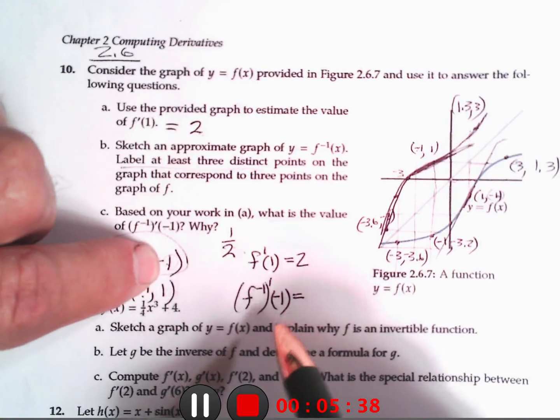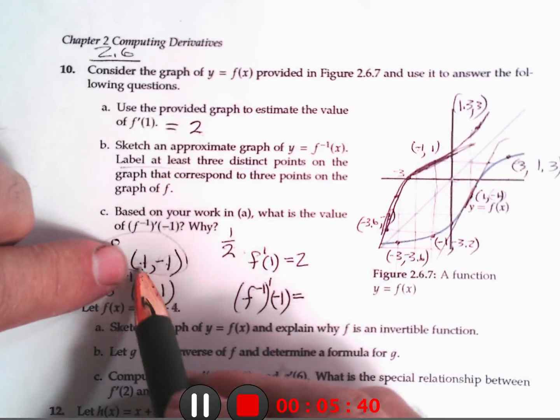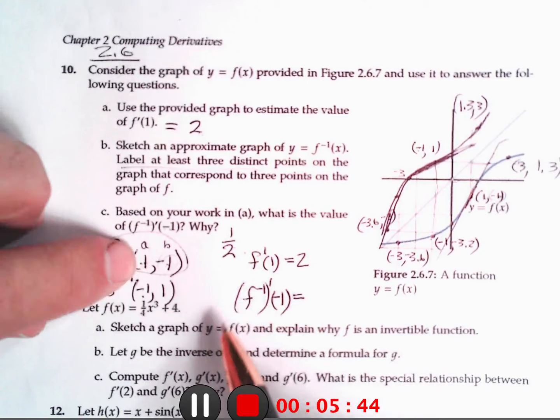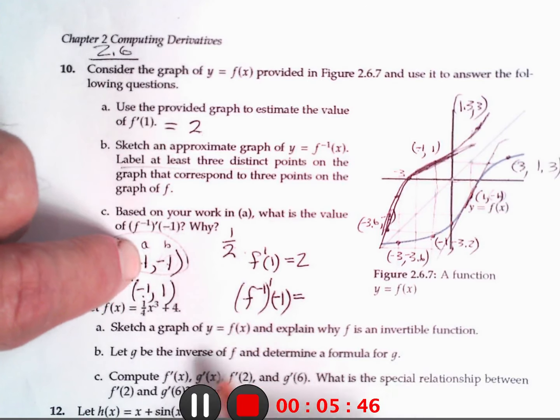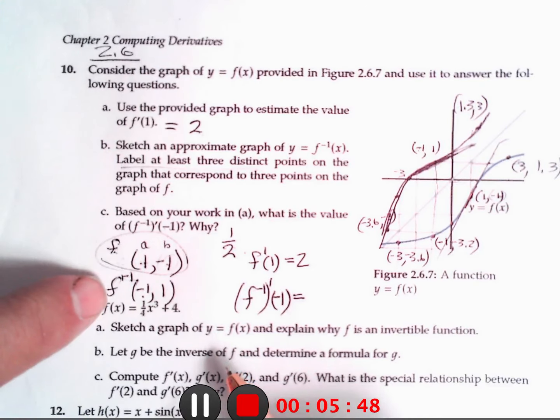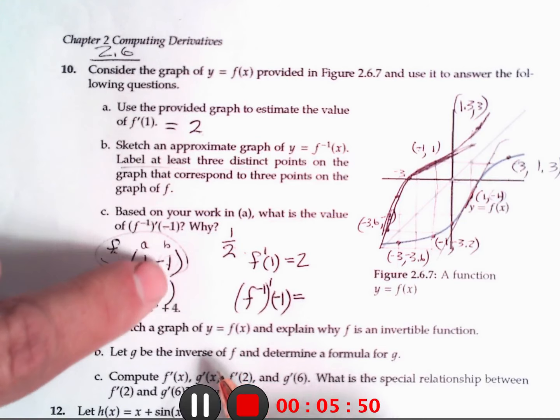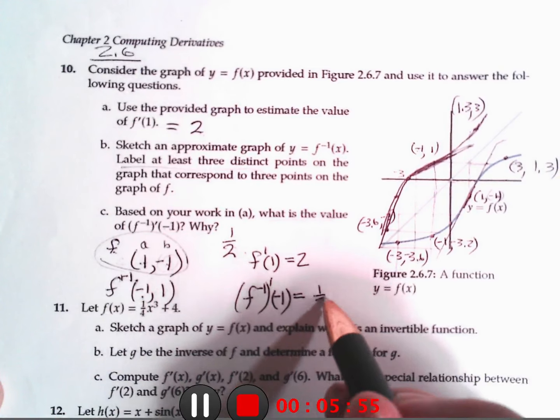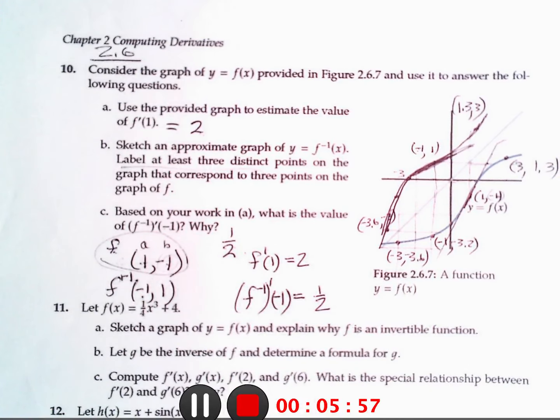If this is a and b, the slope at a will be the reciprocal of the slope of the inverse at b, at negative 1. Okay, so that was 10.